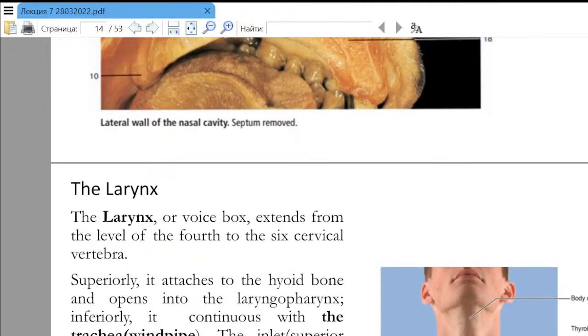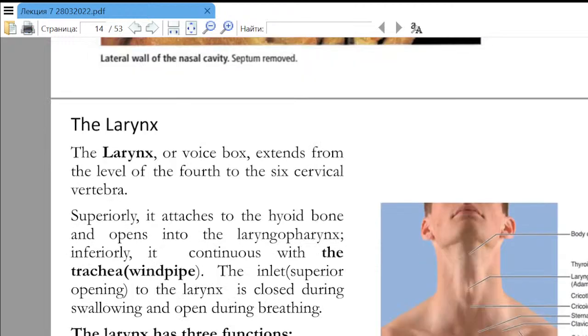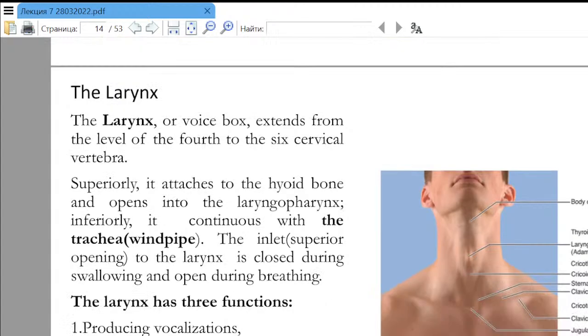Next part of the respiratory system, the larynx. The larynx, or voice box, extends from the level of the 4th to 6th cervical vertebra.